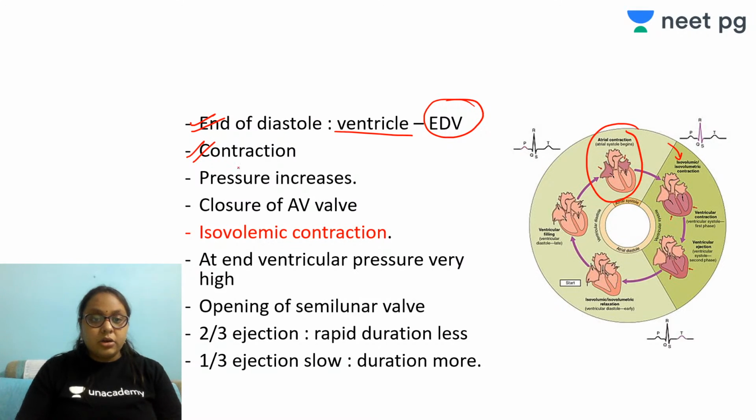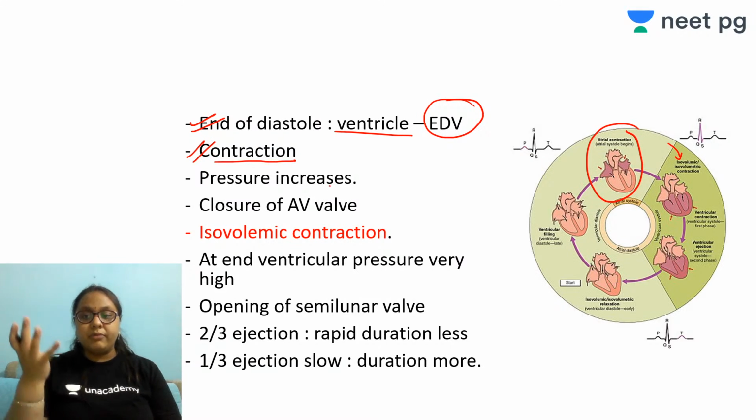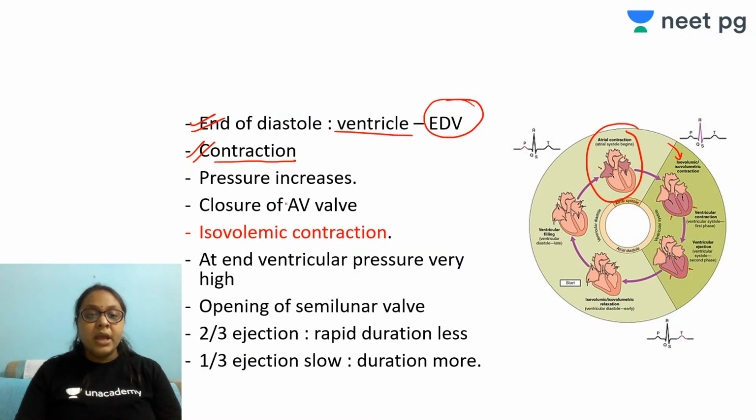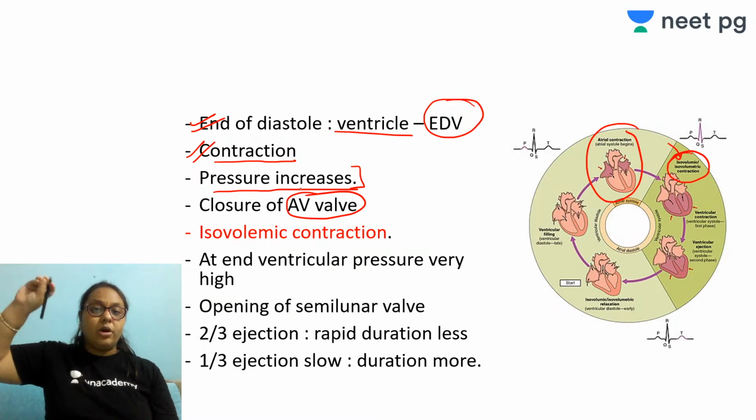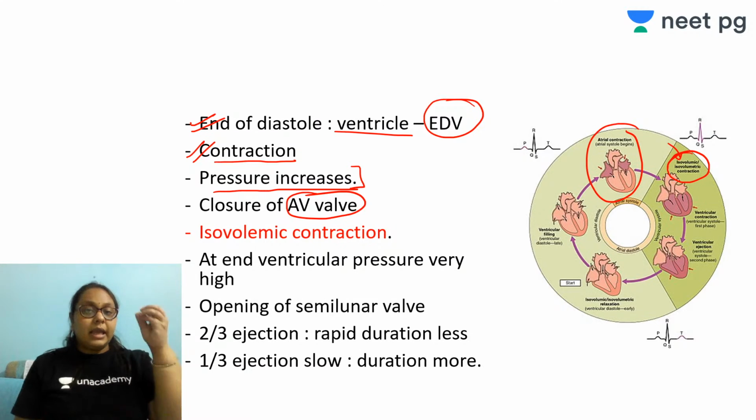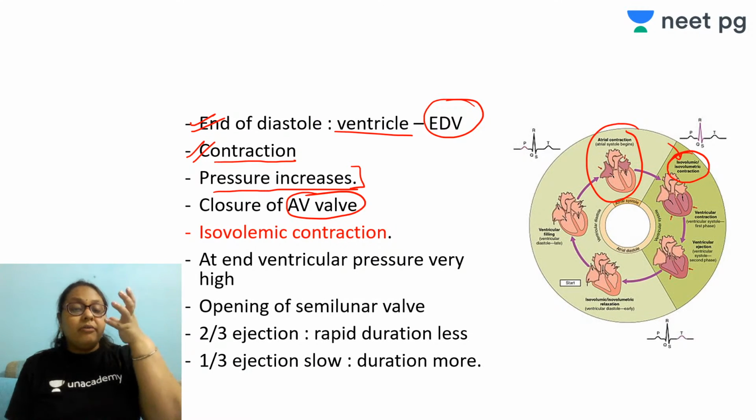When the ventricle contracts, what will happen? The pressure will increase, and because of the increase in the pressure, the AV valves will close. The semilunar valves are already closed, right? The AV valves were open. Now a lot of blood has come into the ventricle.